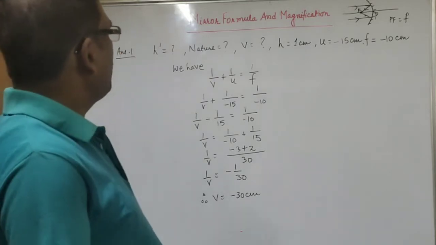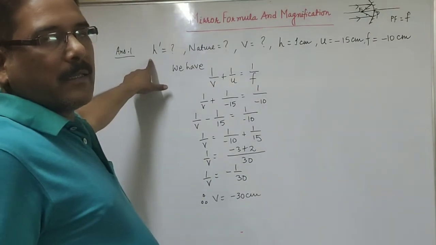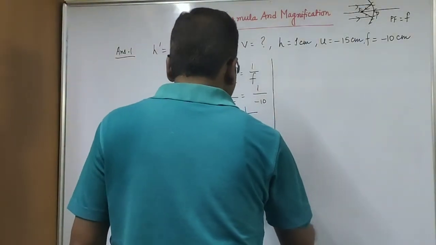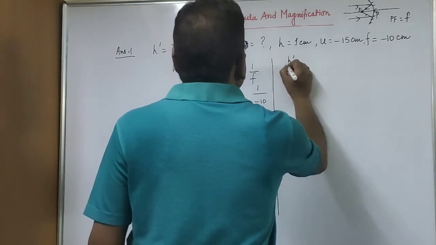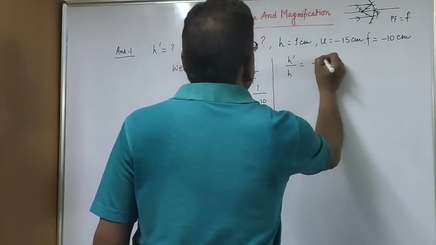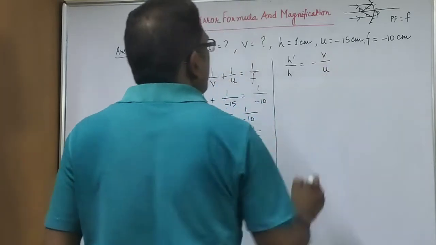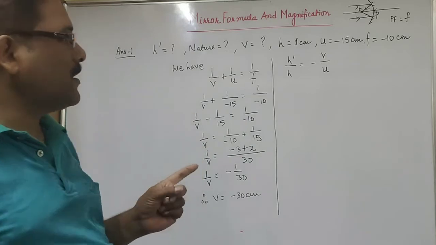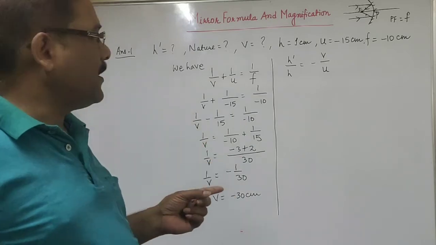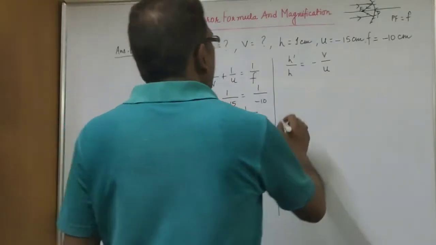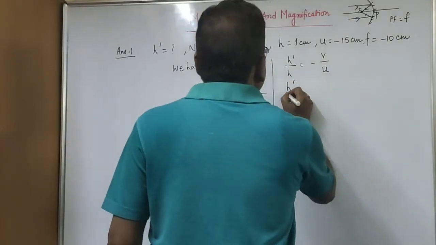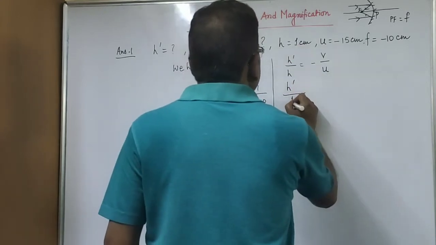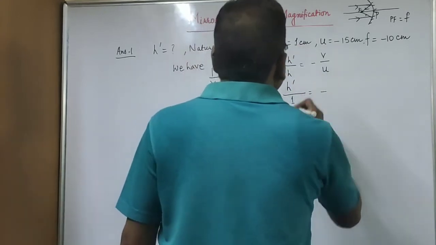Next we will calculate h dash, that is the height or size of the image. As we know, h dash by h is equal to minus v by u. This was the fourth equation in the last class. You must learn the formulas, then you will be able to solve the numericals. So h dash by h, h is given, it is 1, minus v, how much is v?